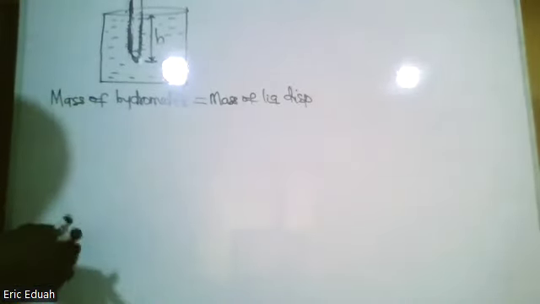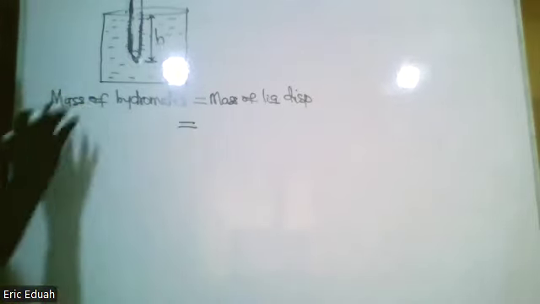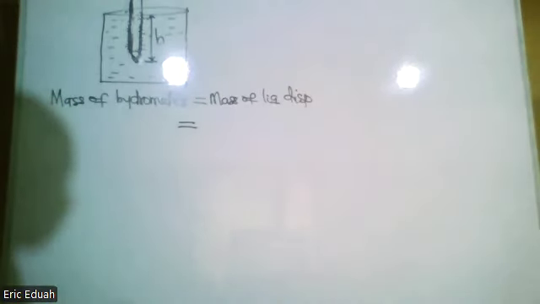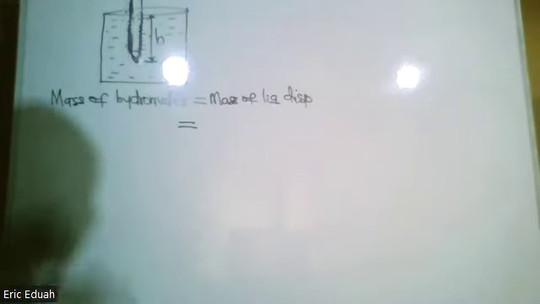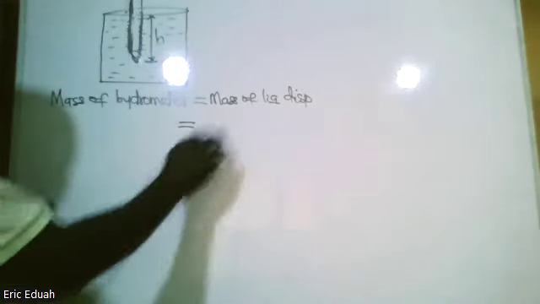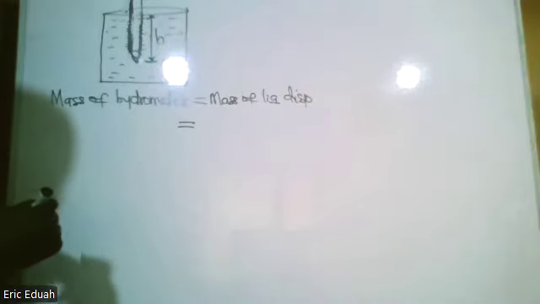hey, my marker isn't. We equate the mass of hydro to the mass of liquid displaced. You can always express it in weight. But the point is that when you do that in weight, the gravity cancels out. The reason for which we are only concentrating on mass.